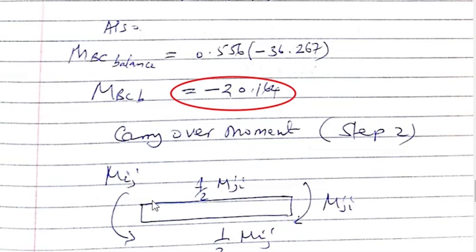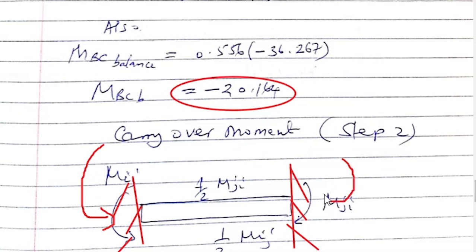Now this value should be carried over, and this is the second step. What will happen if you have a member which is fixed like this one, with a certain fixity there, and the member has a certain moment from the left, which is moment ij, and also a moment from the right, which is the moment ji?